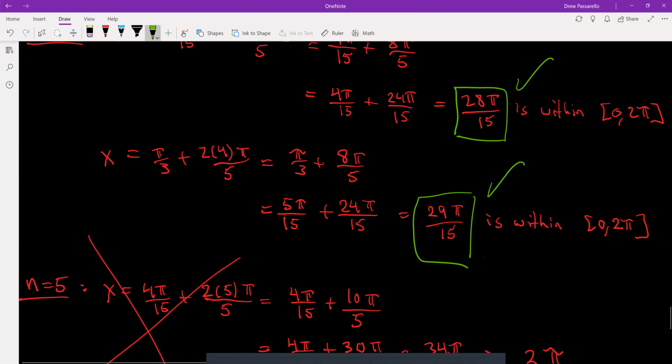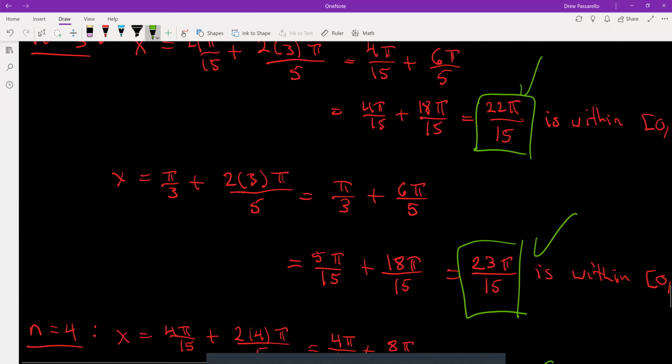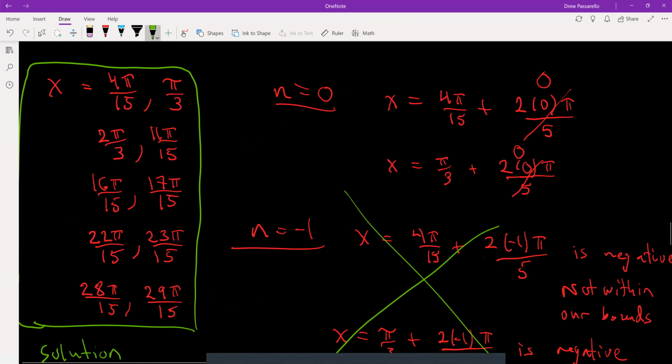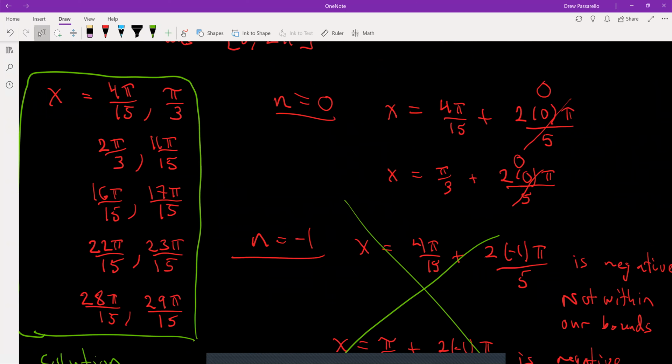Now this was just a long problem just because I had to find all of these different specific solutions. And I'll try to summarize. So for these first two, that's when we use 0 for n. This is when we used 1 for n. That was using 2 for n.